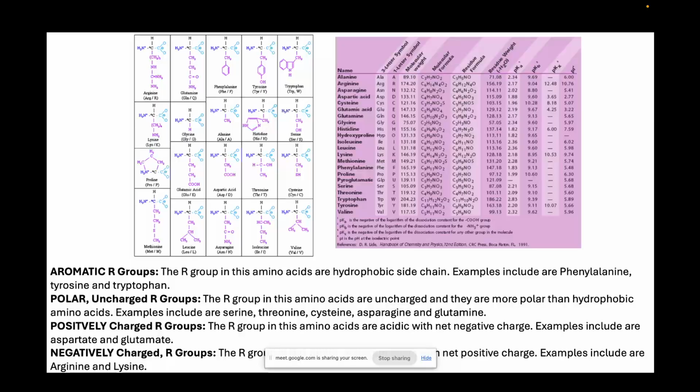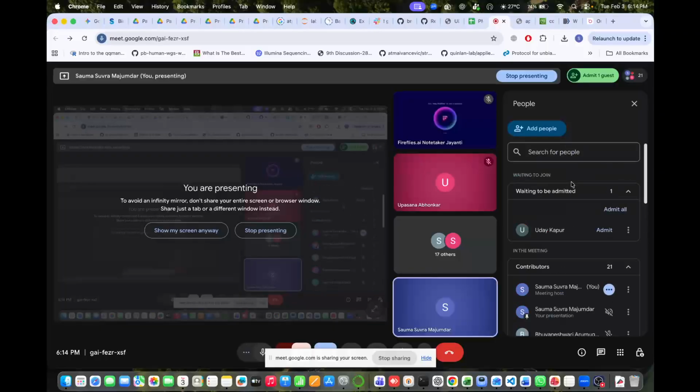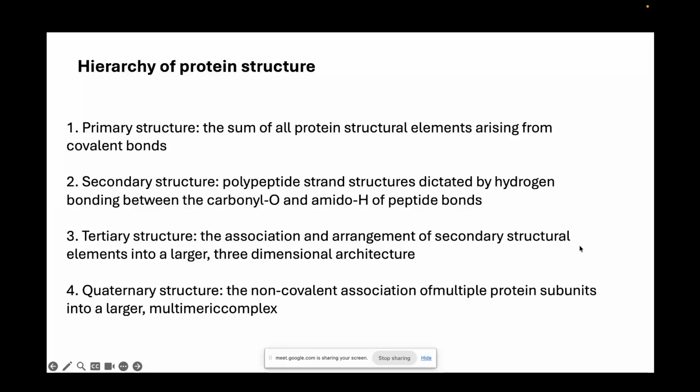The secondary and the tertiary structures that are going to be formed from this long chain of polypeptides are determined by the properties of the amino acids present in the specific locations, right? So as I was saying, you have a long polypeptide chain.